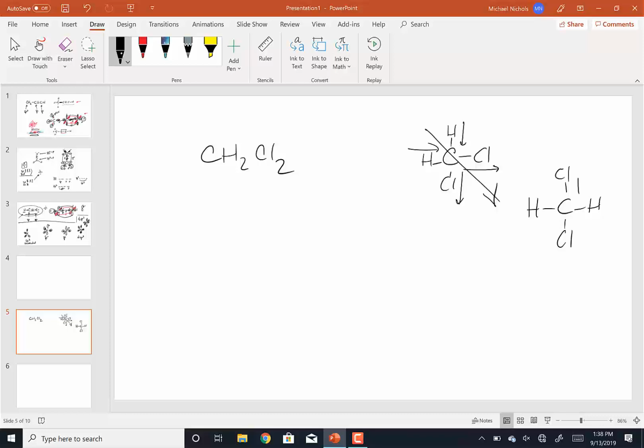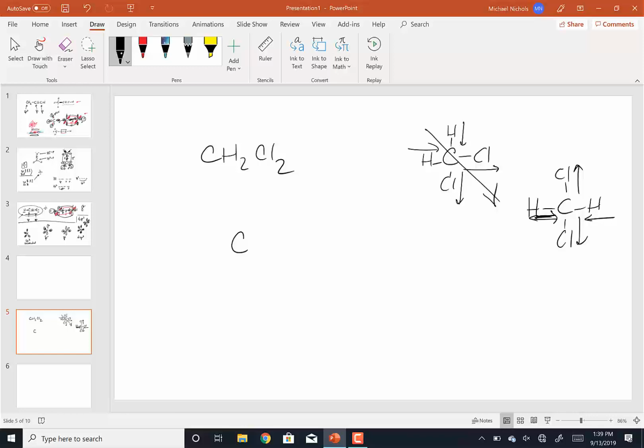But if I go this way and then that way, don't those cancel each other out? Good. I can't do that analysis with just the Lewis dot structure. I have to put that carbon into a VSEPR geometry.